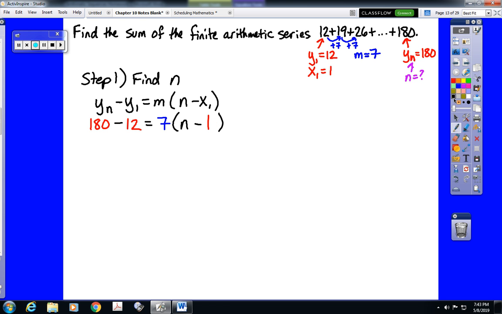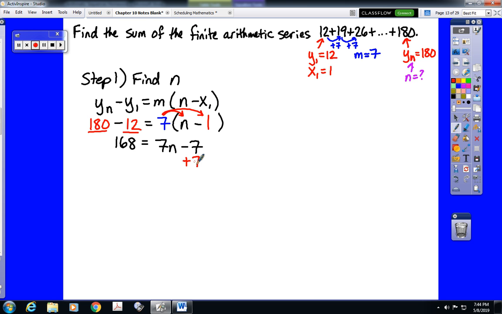Everything in that equation is known with the exception of n. So we solve for n. 180 minus 12 is 168. We distribute the 7 to get 7n minus 7. That makes this into a two-step equation that every Algebra 2 student should know how to solve. So again, what we did there, we added these like terms and we distributed the 7.